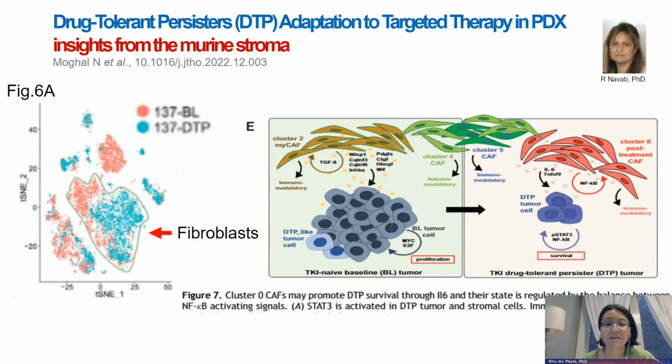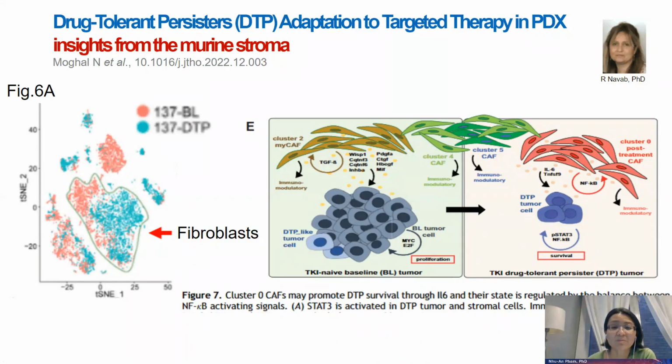We also realized that the murine stroma is looking different between the baseline and the drug-tolerant persister phase. Remember before I was mentioning that one of the disadvantages of PDX is the murine stroma.